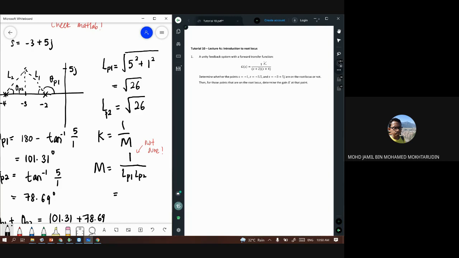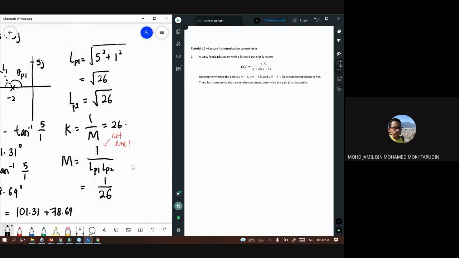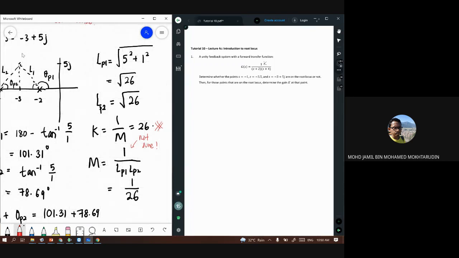So we get 1 over 26. So our gain K equals 26. Okay, so this is the gain when the point is at negative 3 plus 5j.